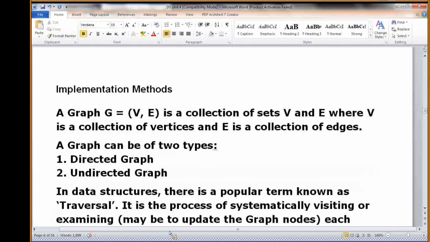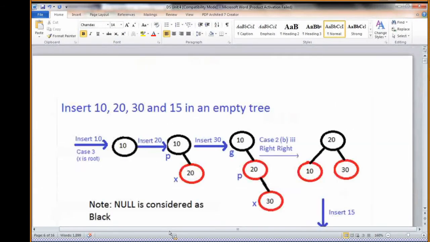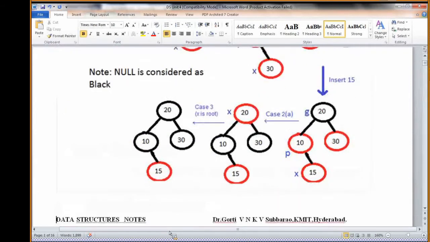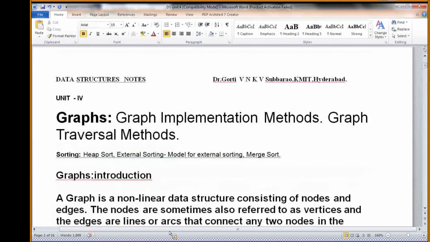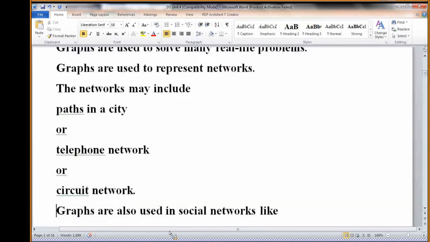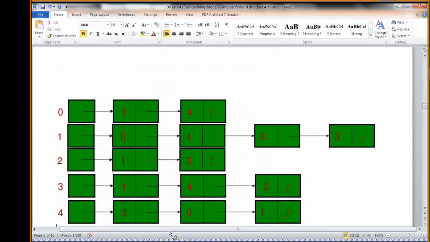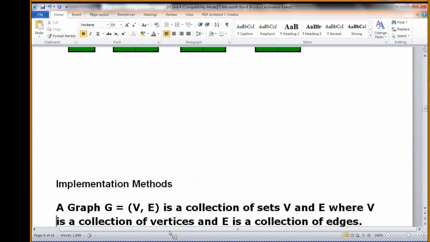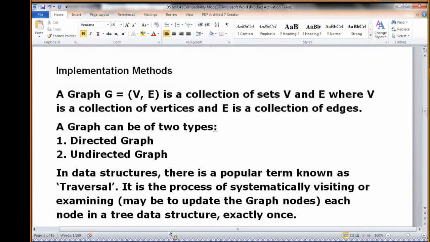Now there are 2 topics. As I already told you, as per our syllabus we have 2 topics: graph implementation methods and graph traversal methods. Implementation methods we have seen, for directed graphs and undirected graphs.